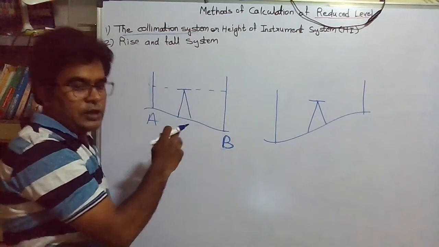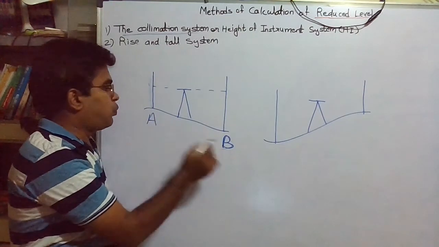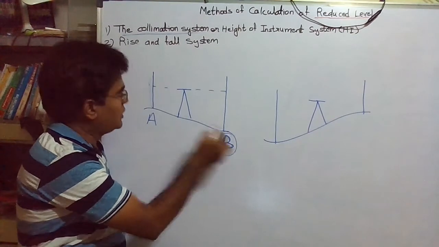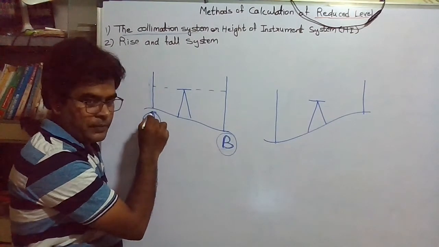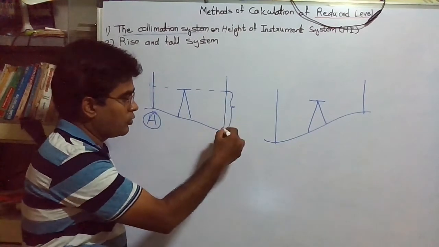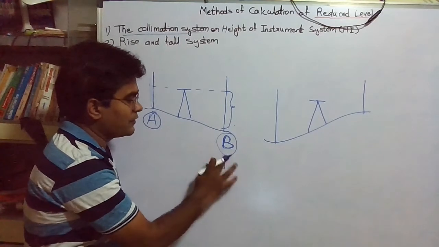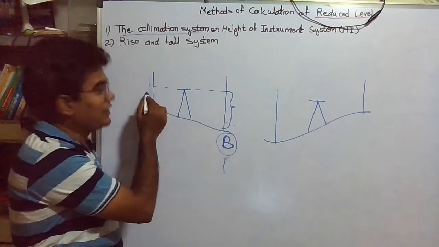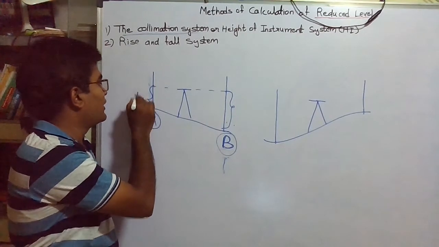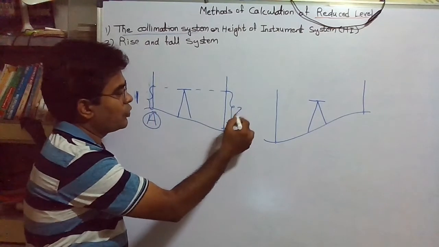So here we compare the forward reading, meaning the forward point is B, forward reading with the preceding reading. If the forward reading is more than the preceding reading, here you can see, we can imagine the staff reading at A is 1, and the staff reading at B will be suppose 2.5.